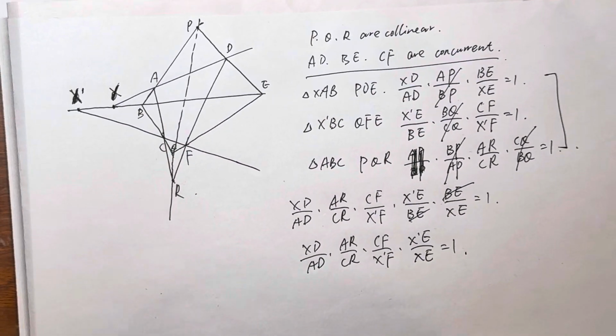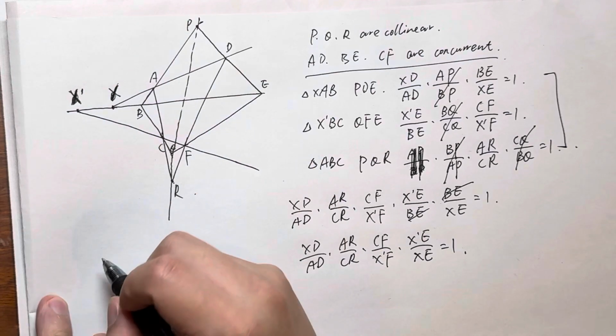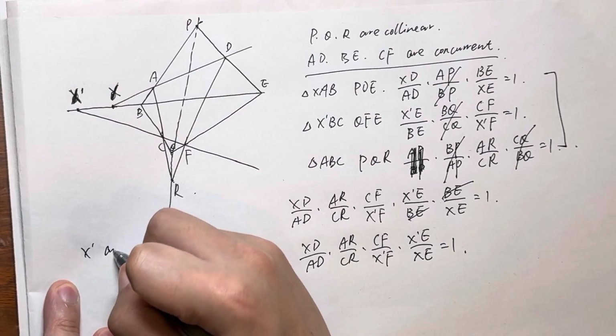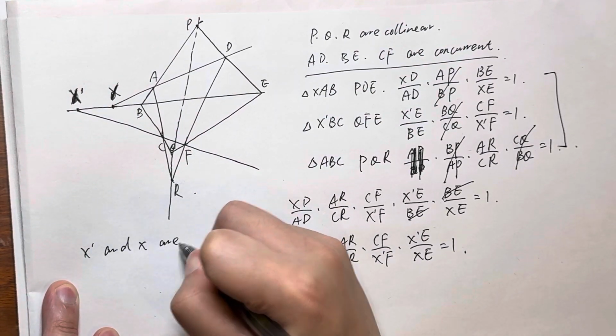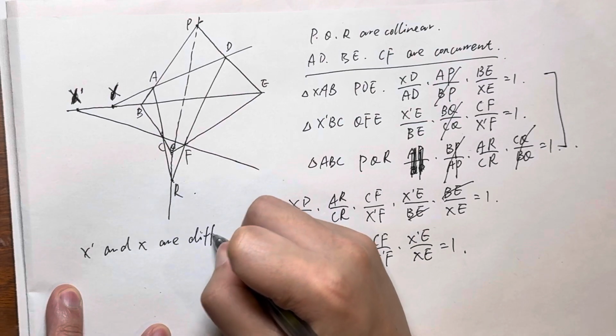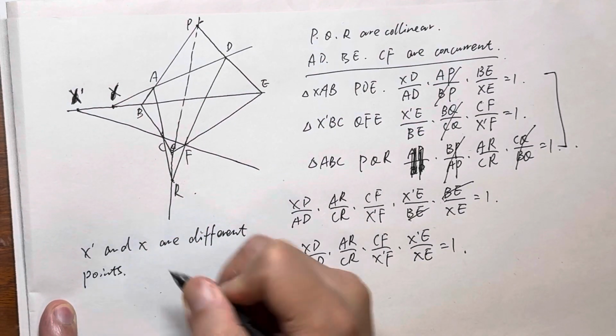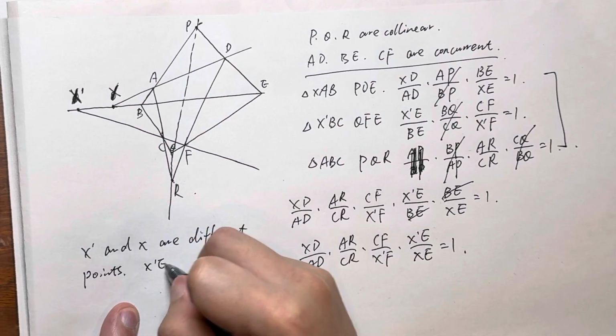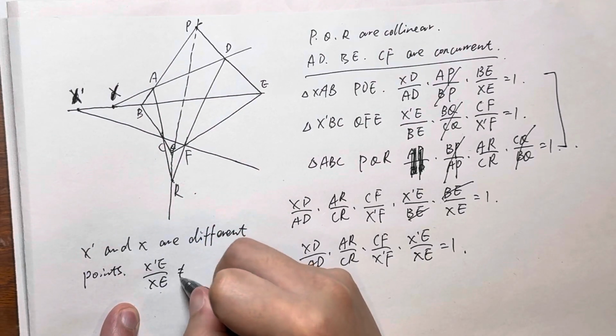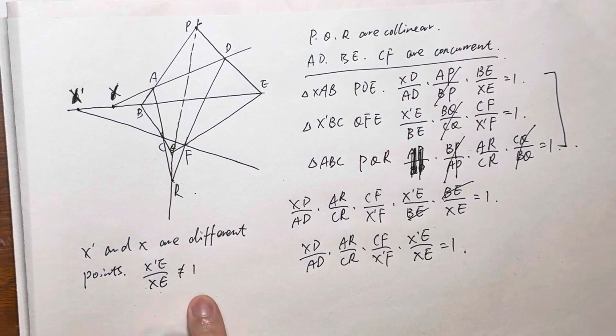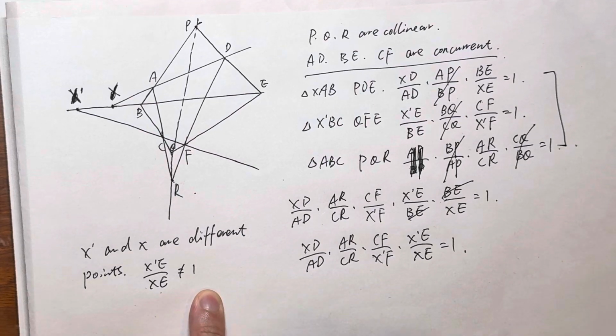Now we actually already assume that X prime and X are different points, which means X prime E to XE does not equal 1, right?